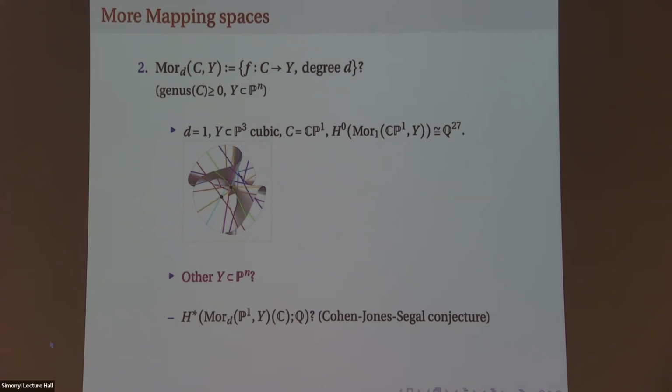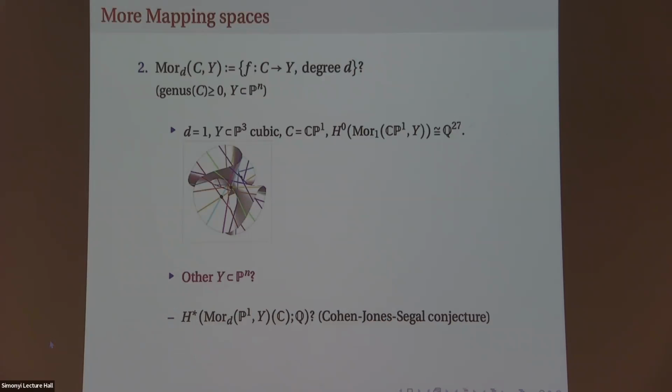And so what about other subsets of P^n? Much has been done in that regard. For example, when Y is a low degree hypersurface, there is the amusing paper by Browning and Sawin, where they use analytic number theory techniques to get estimates on what this space should be.